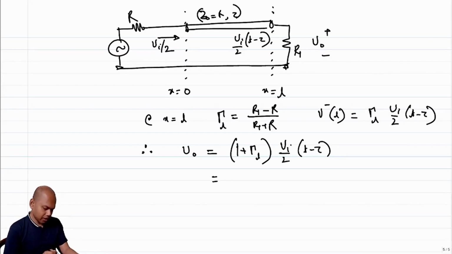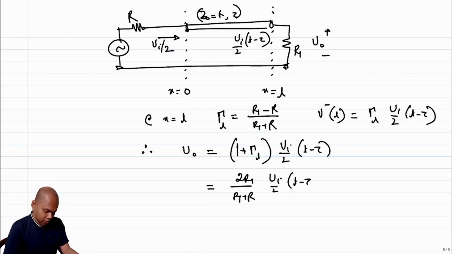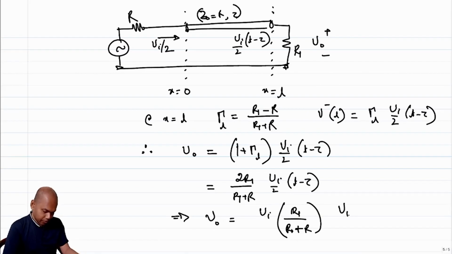So what is 1 plus gamma L? 1 plus gamma L is nothing but 2 R1 by R1 plus R, times Vi by 2 (t minus tau), which means that your V naught is nothing but R1 by R1 plus R times the delayed version of Vi (t minus tau).